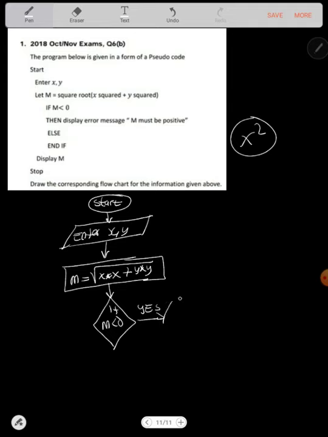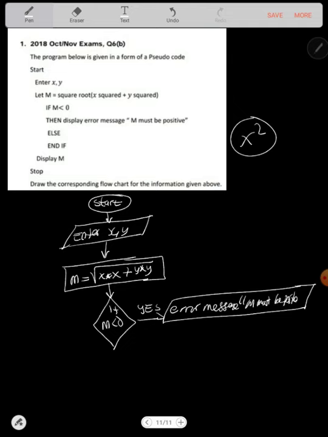So for display or for output you use a parallelogram. So you write error message, then you say m must be positive, then you close the brackets.